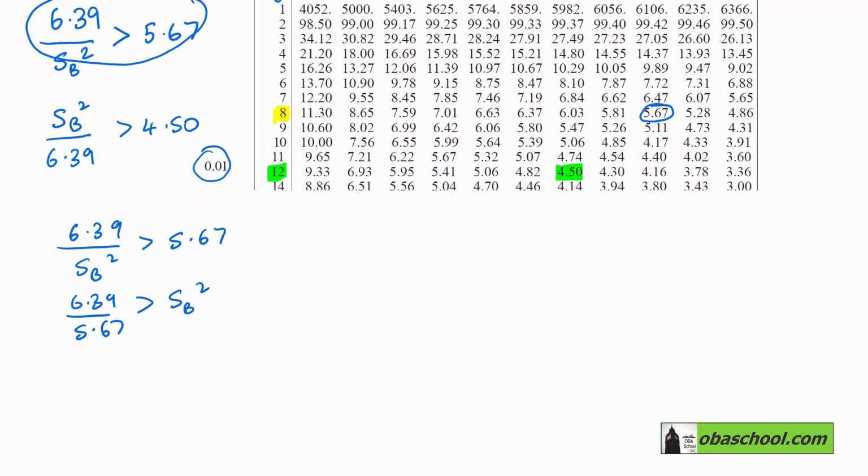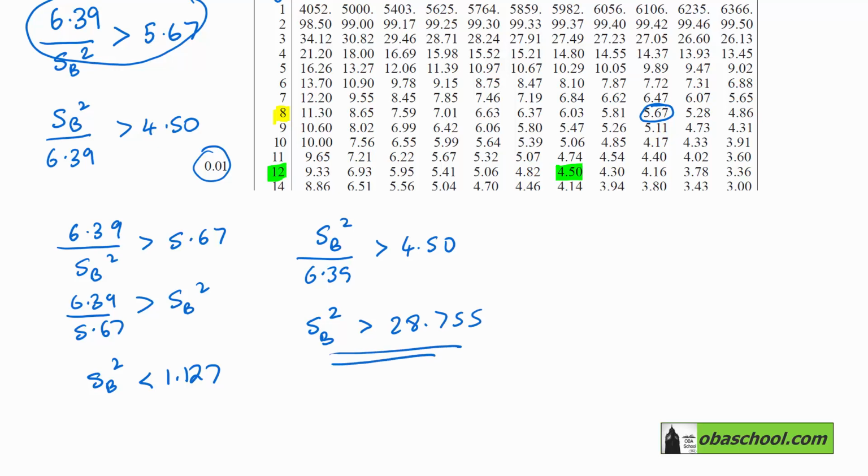And that ends up being that SB squared is less than 1.127. Going the other way, SB squared over 6.39 is greater than 4.50. Just multiply both sides by 6.39 and SB squared would be greater than 28.755.